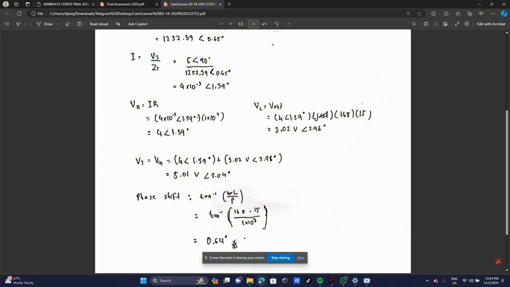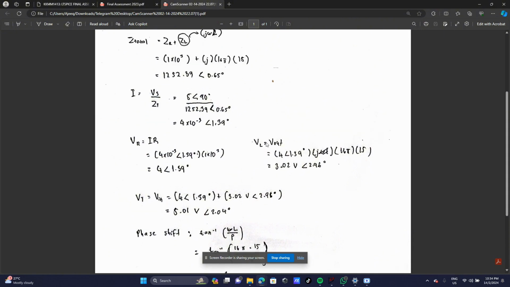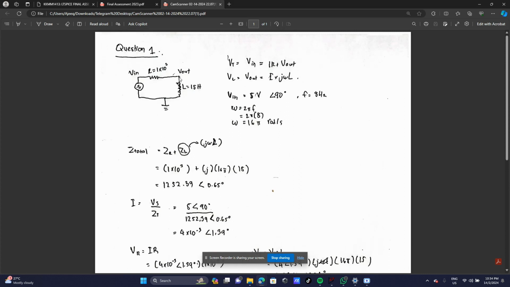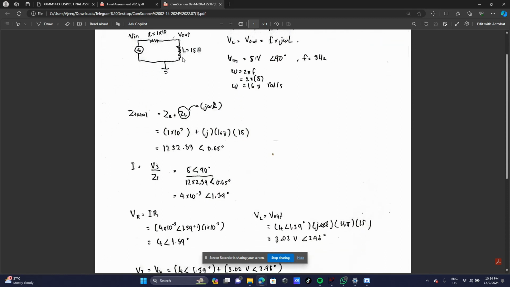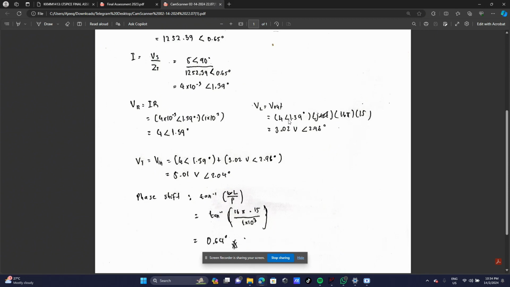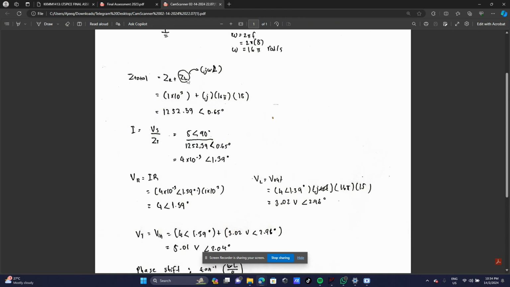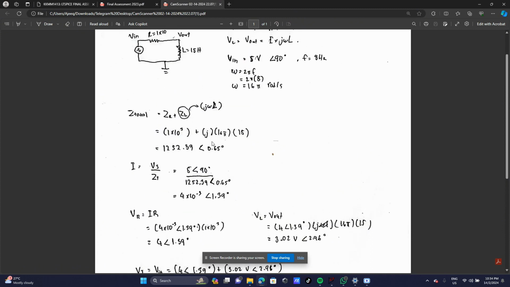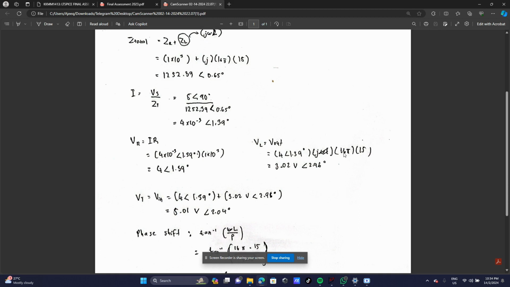0.004. And then we're going to find the voltage on the inductance, which equals V out, because it's on the V out region. V in is different because the resistor is here. We don't have any resistor, so we will just input the value. We have already got the voltage on the resistor at the angle of 1.39 times jωL, the Z at inductance, which we're going to calculate here because we don't have it.